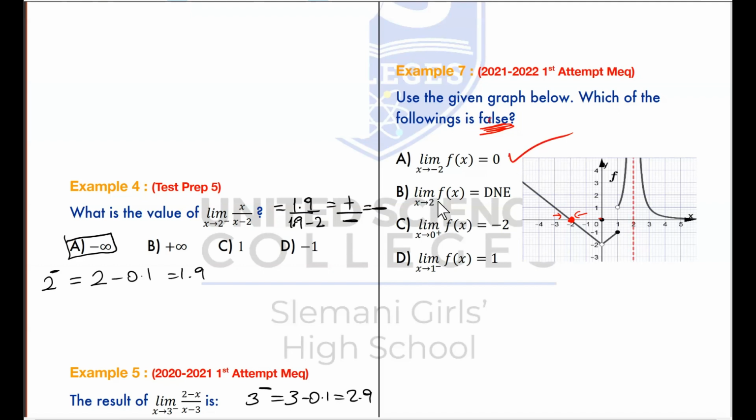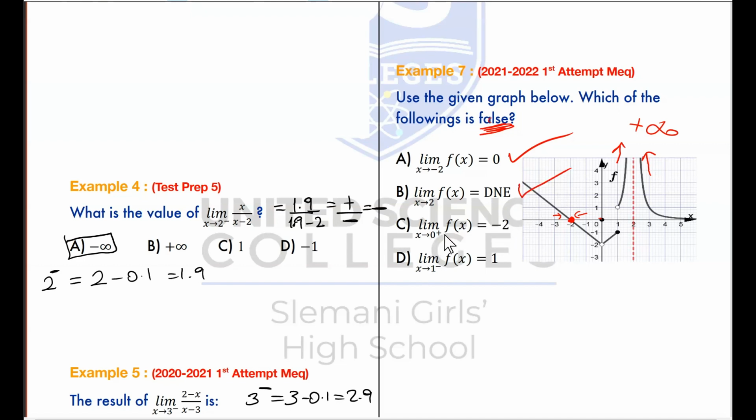What about the limit at 2? At 2, from the right, the graph is going unbounded in the positive direction. From the left of 2, the graph is also going unbounded in the positive direction. So from both sides, the graph is heading up infinitely. So if there is an infinite limit, then the limit does not exist. It's also true.